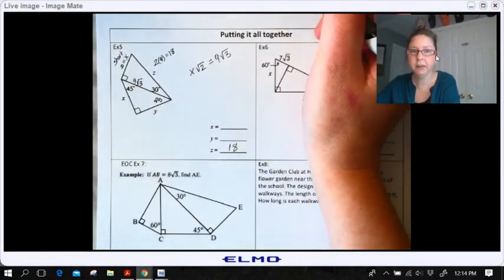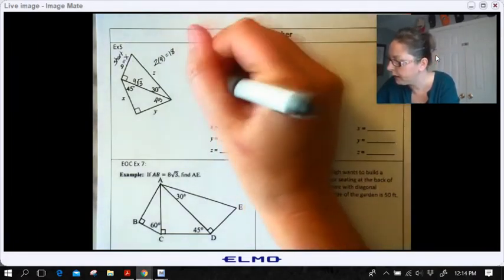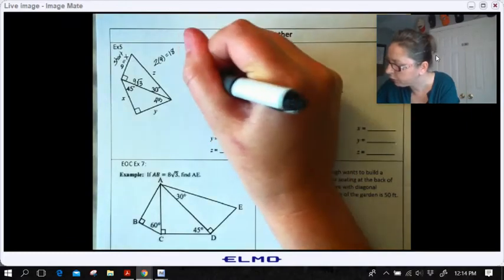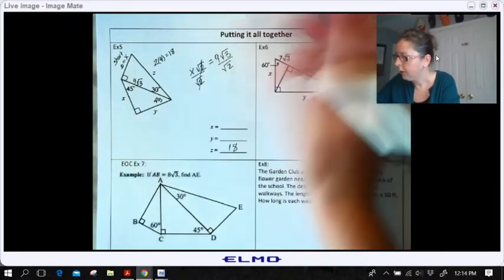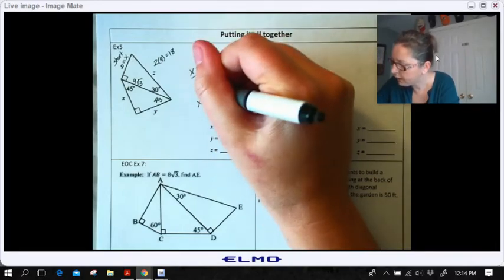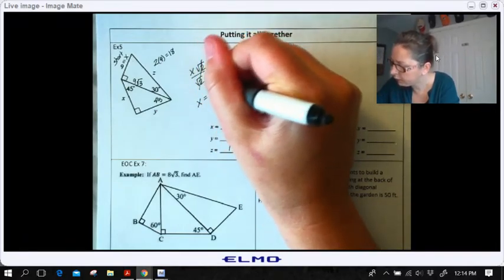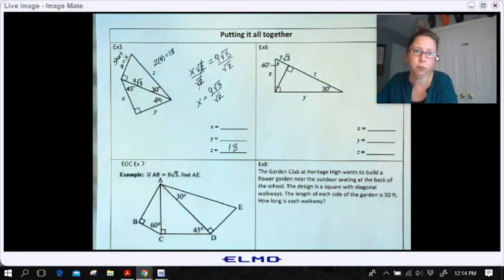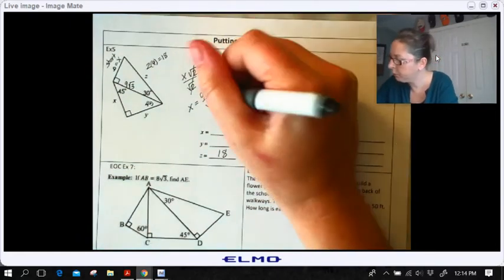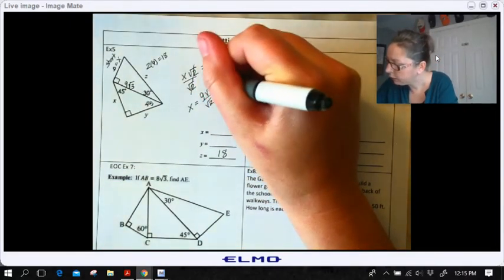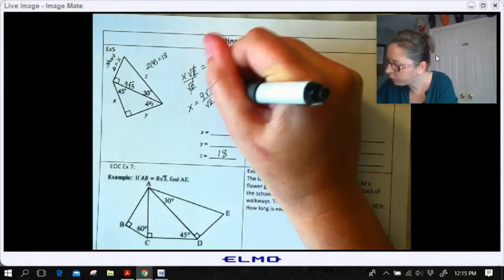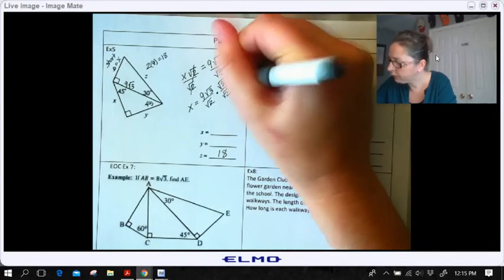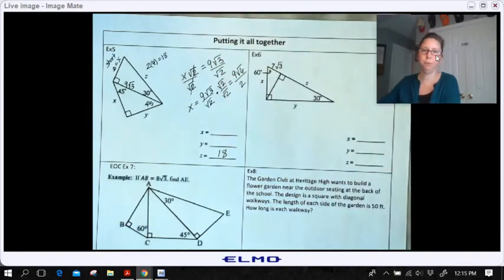Well, I need to get that x by itself to figure out the length of my legs. So divide both sides by the square root of 2. Okay, and then we're left with this, 9 square roots of 3 divided by the square root of 2. And we cannot leave it this way. So we're going to multiply by square root of 2 over the square root of 2, which is going to equal 9 square roots of 6 divided by 2.